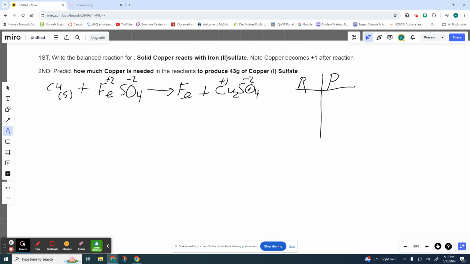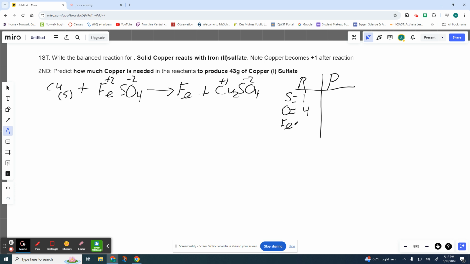I'm going to worry about adding up all my sulfur and oxygen first. On the reactant side, I have 1 sulfur. On the reactant side, I have 4 oxygen. And I'm going to go ahead and just go down the list.